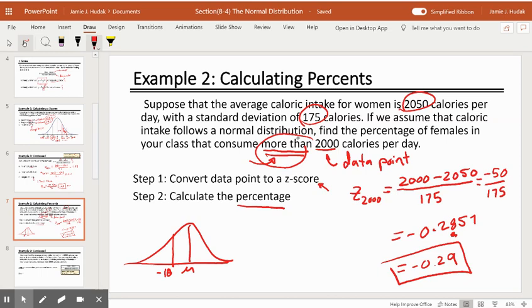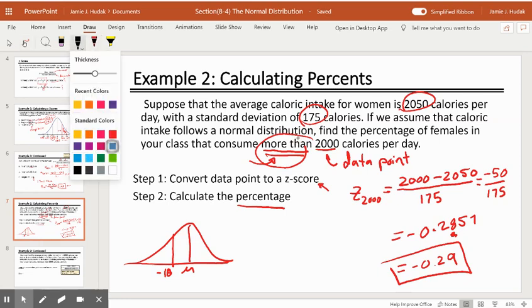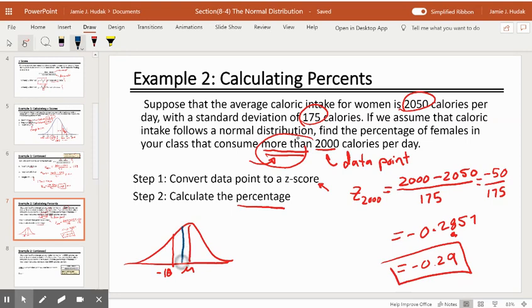And we see that this negative 0.29 is going to fall someplace over here. But the more than tells us we want to shade everything to the right of the graph. So this is what we want to find, all of this data.